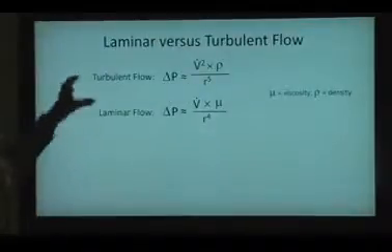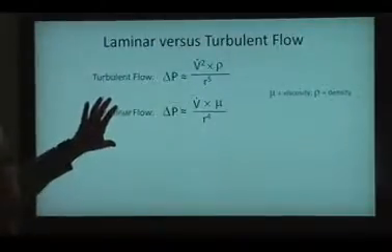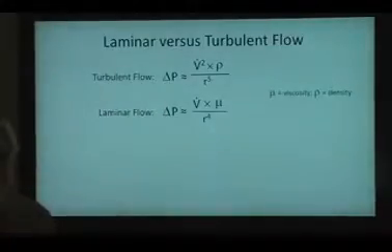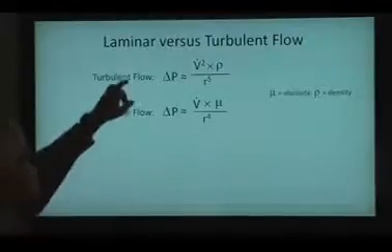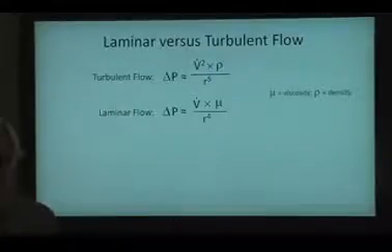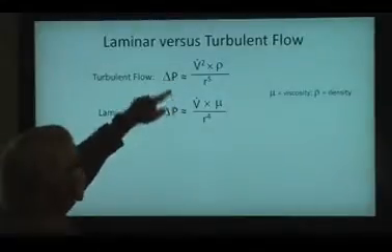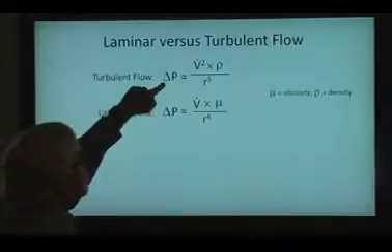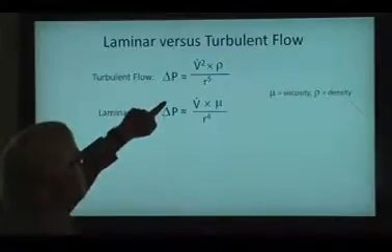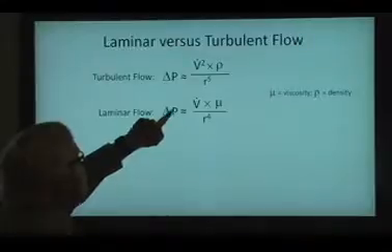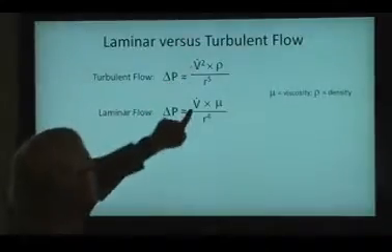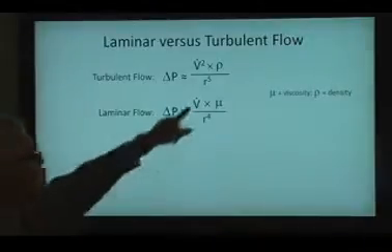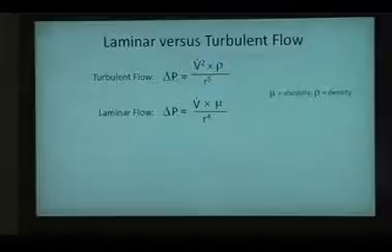So then these relationships determine the amount of pressure or the amount of energy or the amount of work for turbulent versus laminar flow. A couple of important things here: first of all, the amount of pressure for turbulent flow is going to be greater than it is for laminar flow because we have flow squared here, versus flow not squared here, flow to the exponent of 1, to the power of 1.